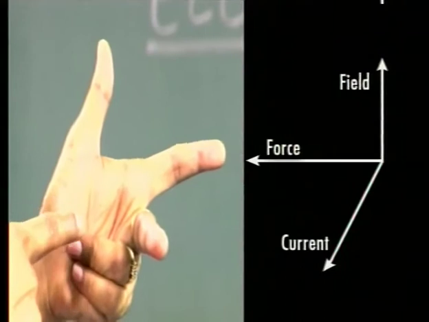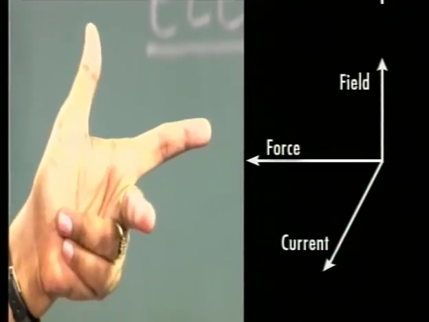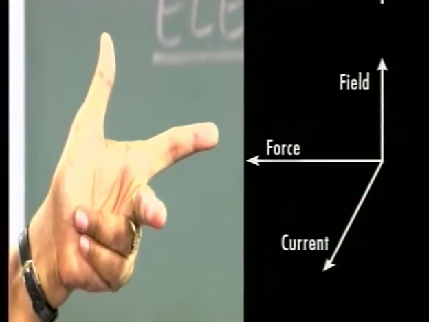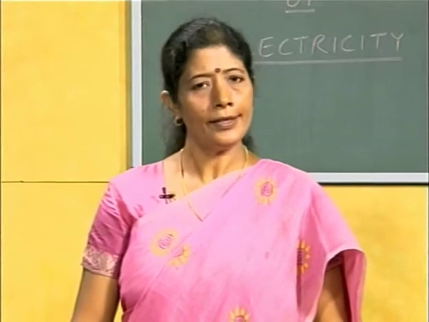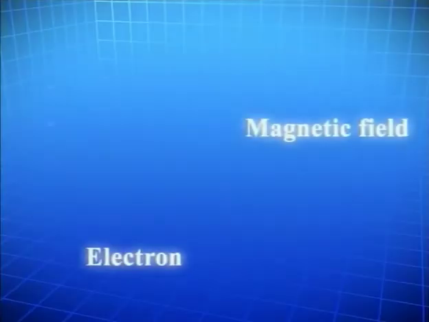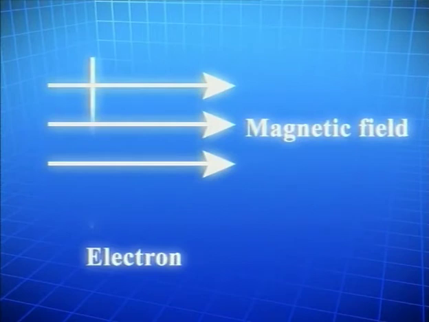In this manner, you can find out the direction of the magnetic force experienced by the conductor. Let us do one example. An electron enters a magnetic field at right angles to it as shown in the figure. Find the direction of force acting on the electron.